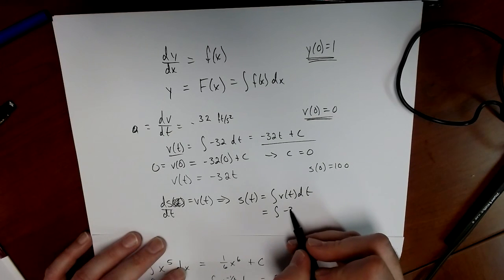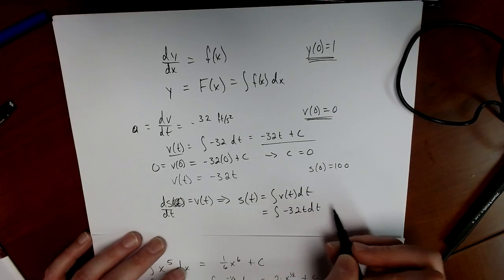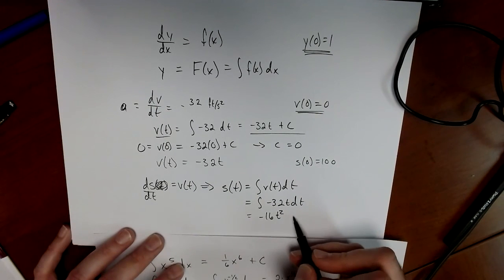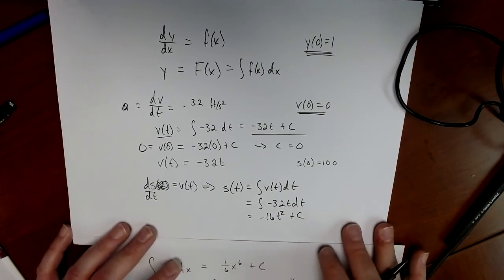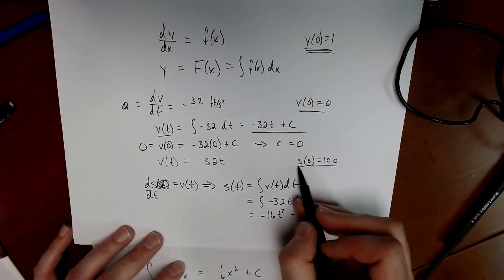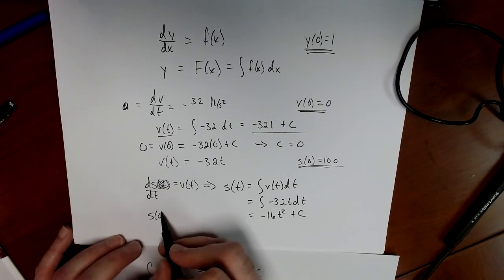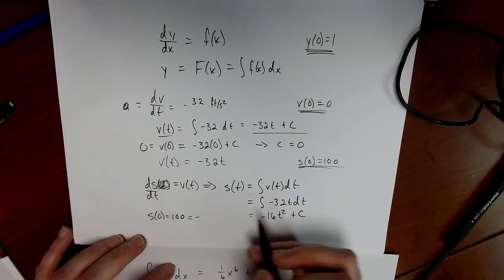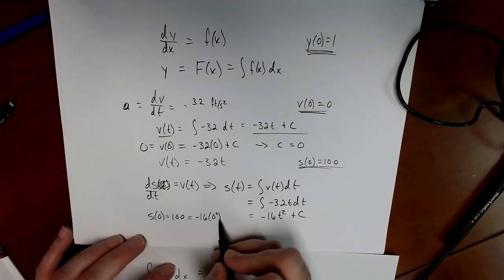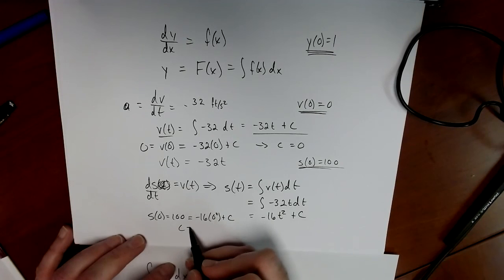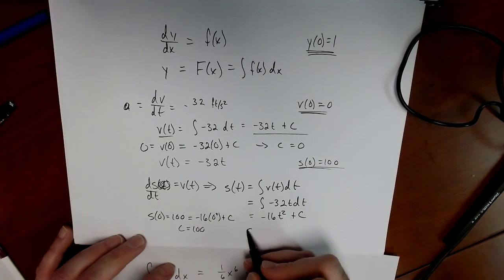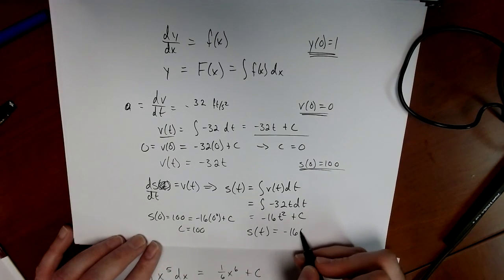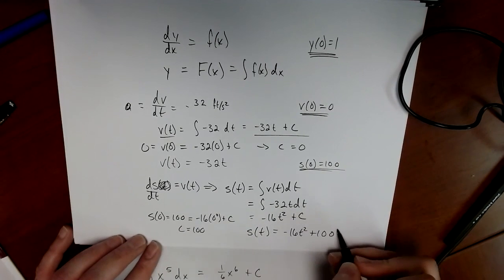So an antiderivative of negative 32t dt gives me negative 16t squared plus c. Now I need to use this initial condition, s of 0 equals 100, and it's equal to negative 16 times 0 squared plus c. So c equals 100. So s of t equals negative 16t squared plus 100.